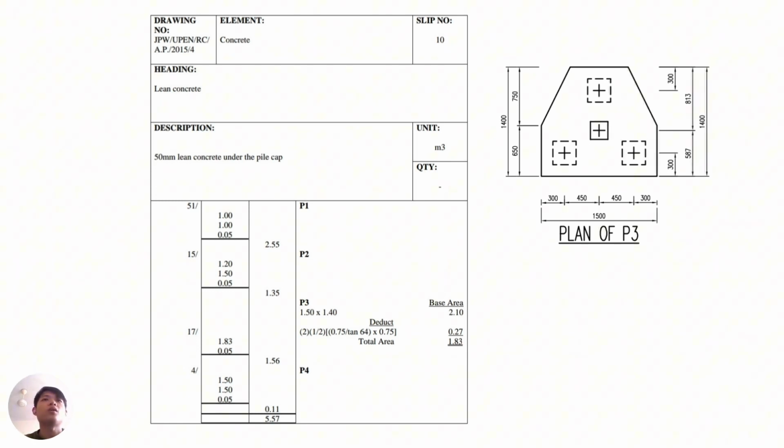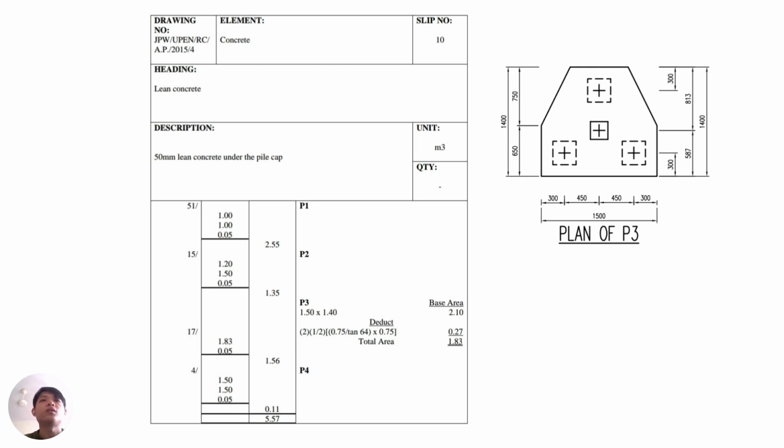However, for P3 and P7, we need to calculate the total area first because, for example, on the right hand side, P3 is different. So we need to calculate the area first. How do we calculate the area? First, I assume that the base area is equal to 1.5 times 1.4, because I assume it's a rectangle.